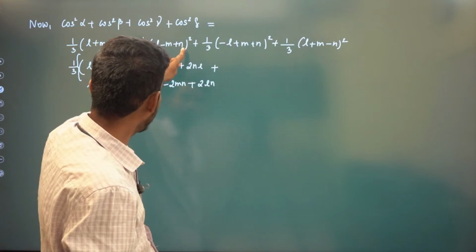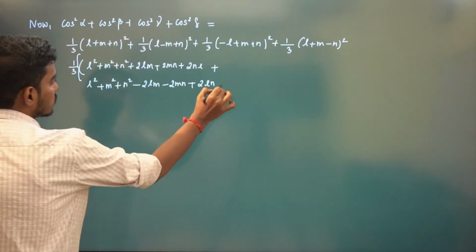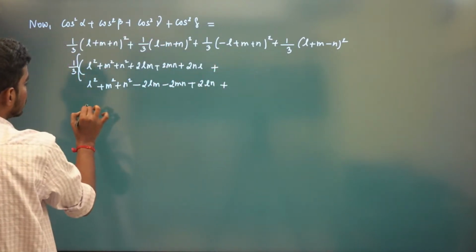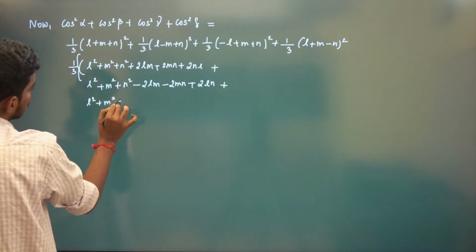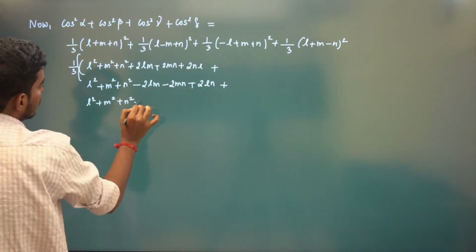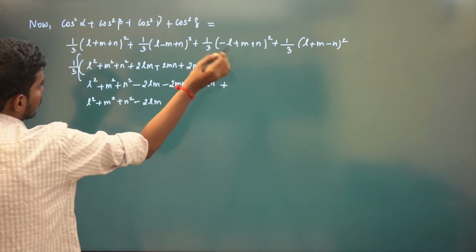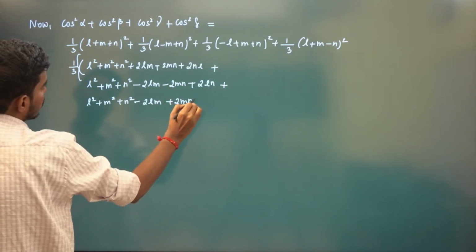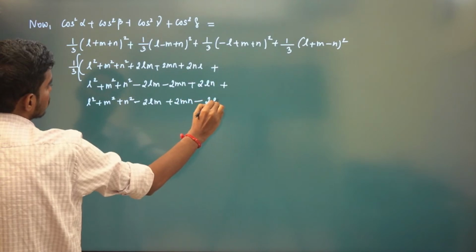BC will be minus 2MN and that will be LN. So plus again A square plus B square plus C square, and 2 times AB will be minus 2LM plus 2MN minus 2LN.